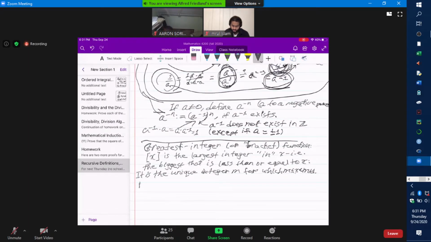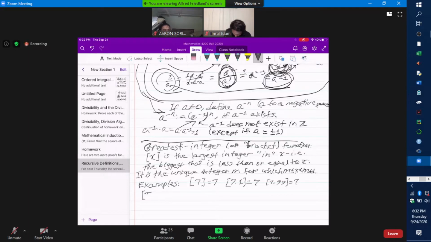So let's take some examples. The greatest integer less than or equal to 7 is, of course, 7. The greatest integer less than or equal to 7.1 is still 7. The greatest integer less than or equal to 7.99, so that's less than 8, is 7.